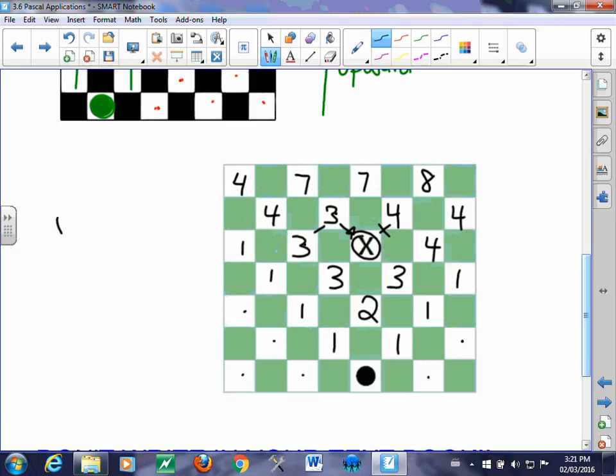So, number of ways is going to equal 5 plus 9. Or did I make an error? Oh, sorry. Hold on. 4 plus... I made an error here.